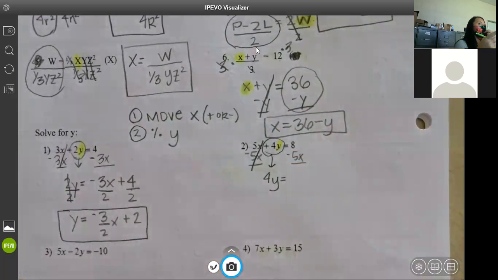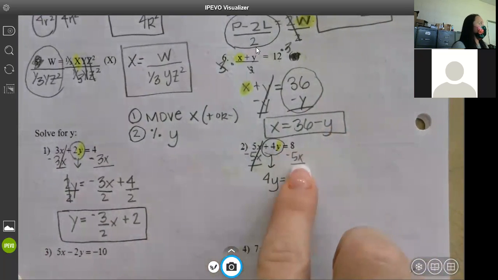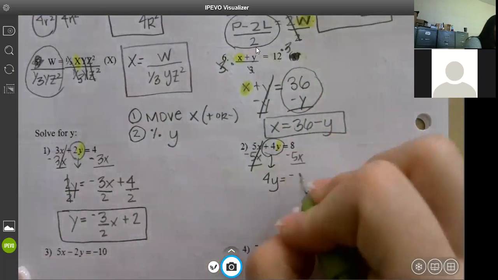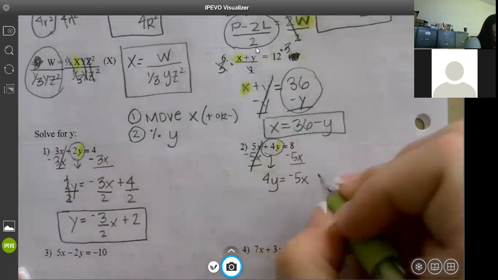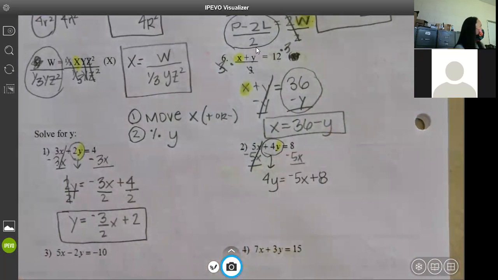What do I need to make sure I do on this side? What comes first? What did I tell you to write first on this side? Do I write the 8 first or the negative 5x first? Negative 5x. So negative 5x comes first, and then it's a positive 8.